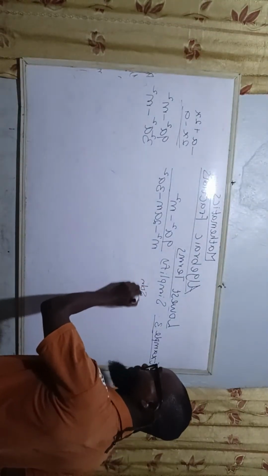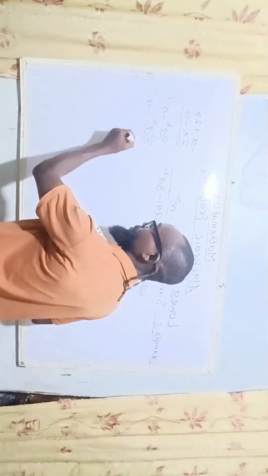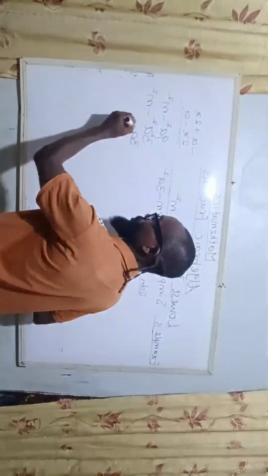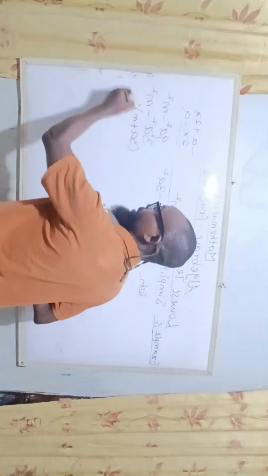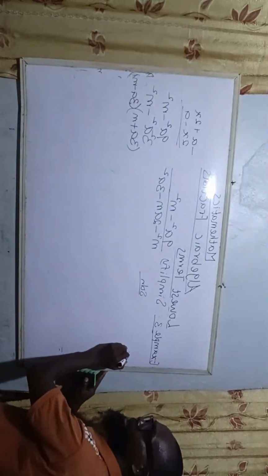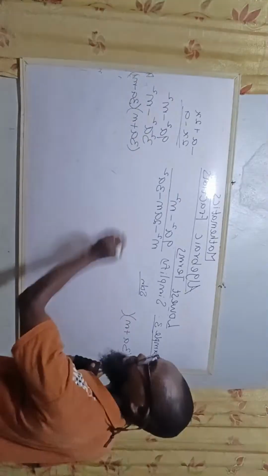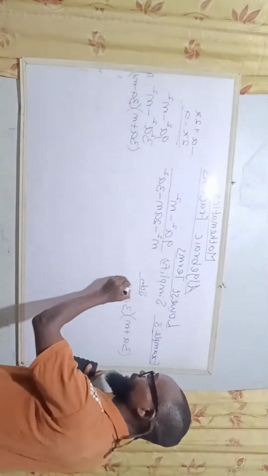So in this case, we proceed by writing this as 3a plus m in brackets, then 3a minus m, divided by.